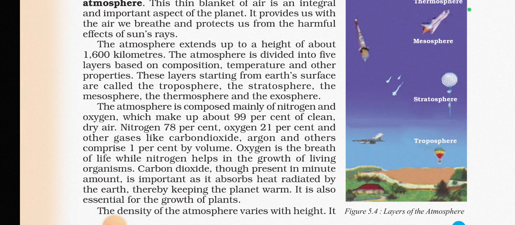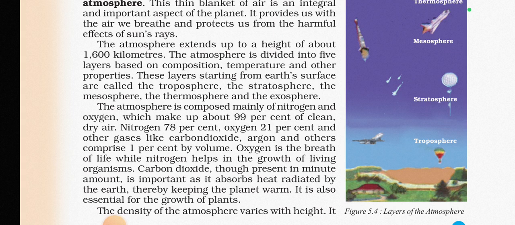Whatever amount of heat is radiated by the earth, CO2 absorbs it, and thereby keeps the planet warm. Otherwise it would become cold, if all the heat went away.